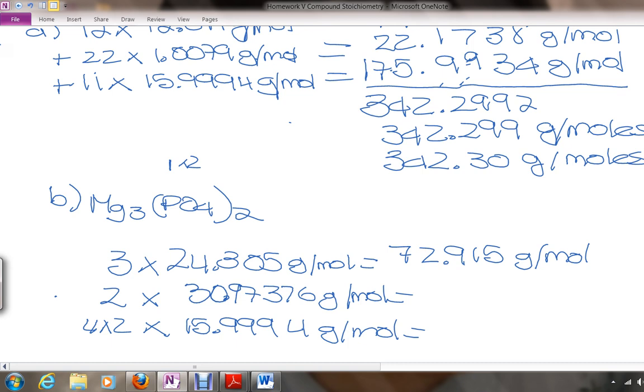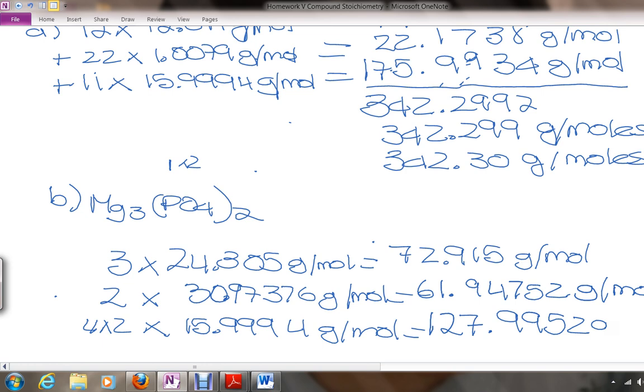So it's gonna be twice because we have two phosphorus. 30.97376 is gonna be equal to 61.94752 grams per mole. And here 4 times 2, 8 by 15.9994 equals 127.9952 grams per mole.